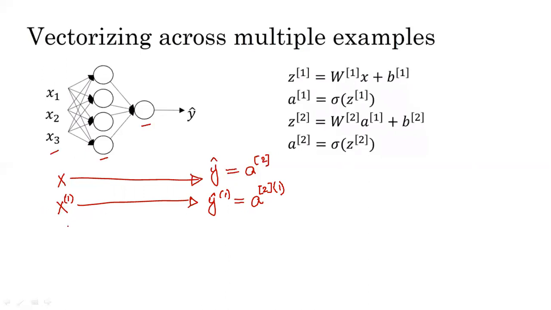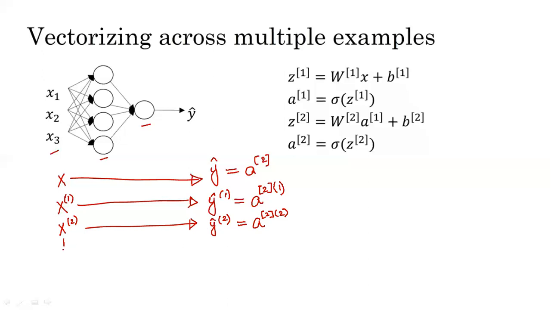Now I'll take the second training example, represented as x of 2. Applying this input x of 2 to my neural network gives me the predicted output y hat round bracket 2, and in the notation of a, this would be a square bracket 2 round bracket 2. I hope this is clear to you.